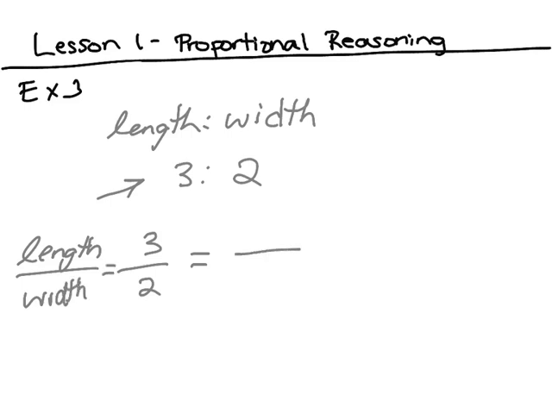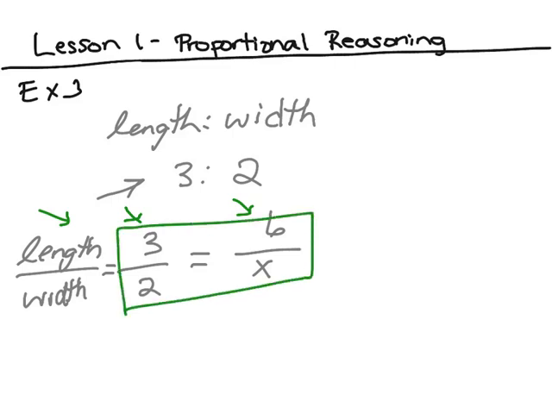If we need to solve for a room that is 6 meters long, because we're talking about the length, the 6 goes on the top. We want to find the width, so the x goes on the bottom. Keep your lengths the same on the top, all lengths on the top, all widths on the bottom. So here's our proportion.